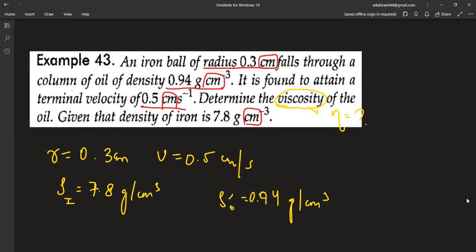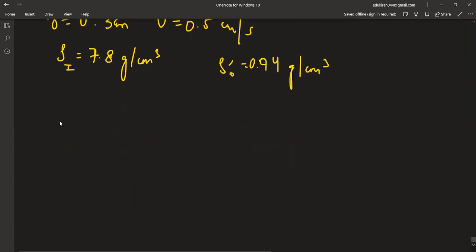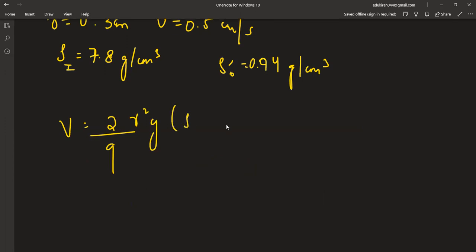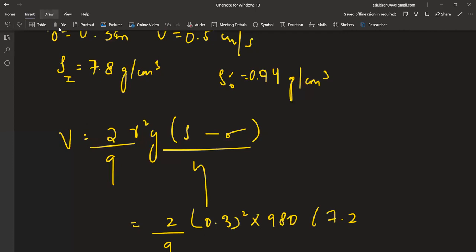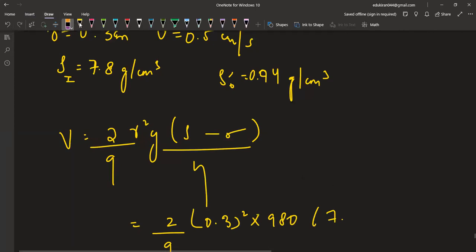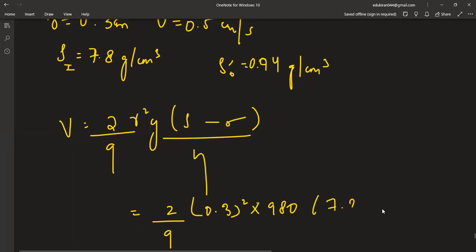Now, when we write down the formula, terminal velocity, this is 2 by 9 r square g, rho minus sigma by eta. 2 by 9 into 0.3 whole square into 980 multiplied by 7.8 minus 0.94, divided by 0.5.